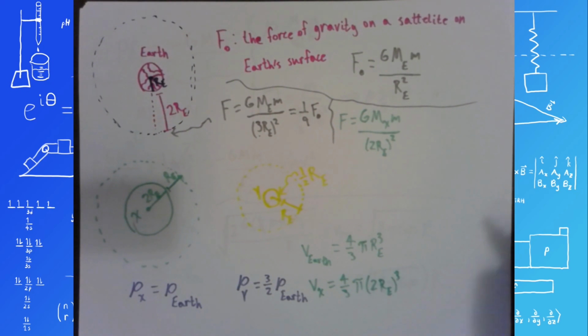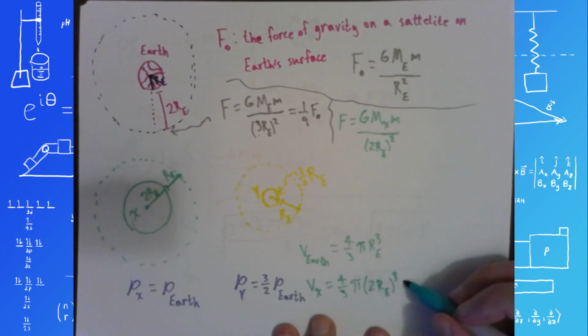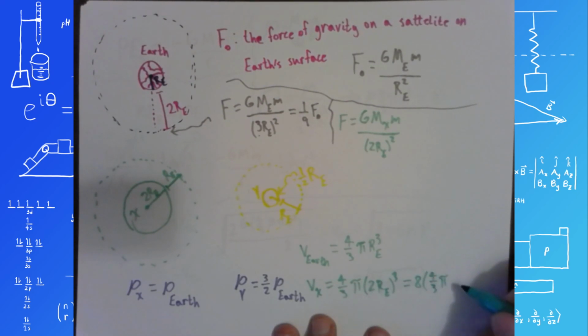And if I cube a 2, then I'm going to get an 8. So this is actually equal to, I'll pull the 8 out to the front, 8 times 4/3 pi radius of Earth cubed equals 8 times the volume of Earth. I guess I should have just kept it as an E instead of writing out the whole word Earth. Yeah, that's what I'll do here.